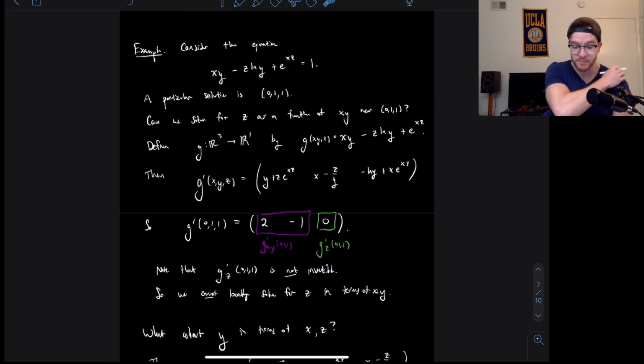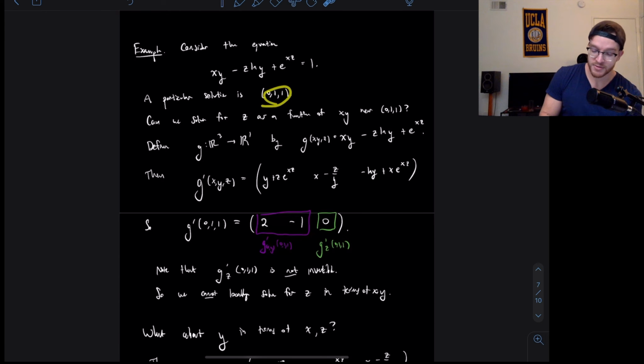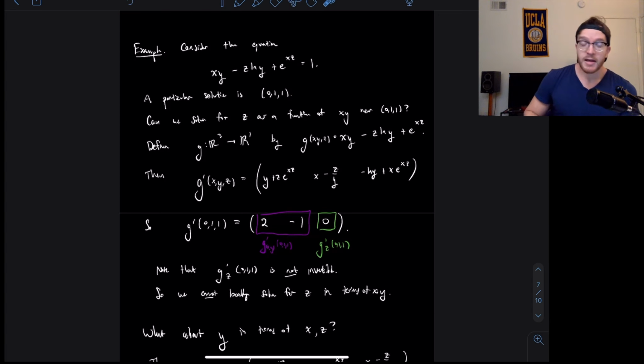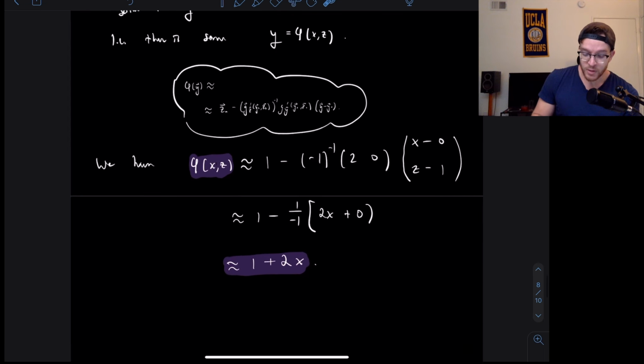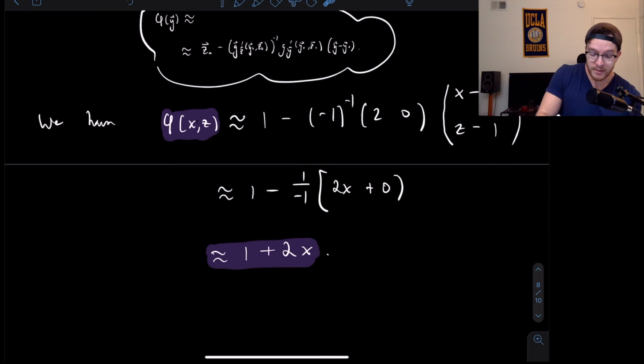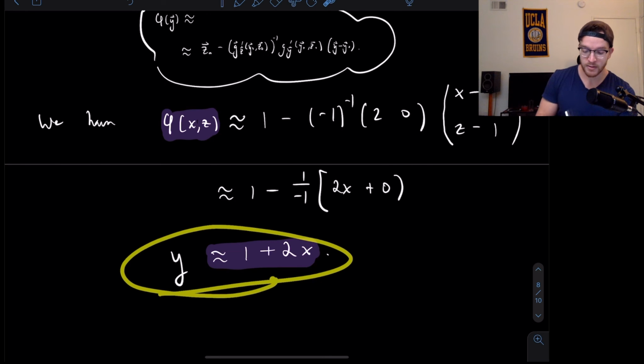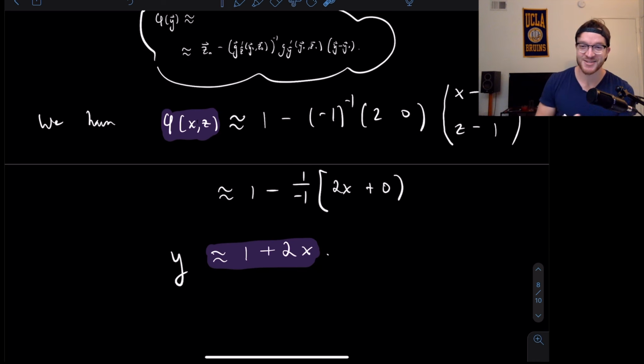We can't do it. But we found a particular solution. And the implicit function theorem tells us that near that solution, we can solve for y in terms of x and z. We can't figure out exactly what that is explicitly, but up to degree 1, y is going to look like 1 plus 2x. That's so cool.